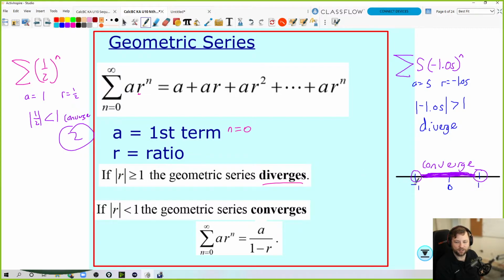Outside of those two, filled in, when it equals that, or over here, we diverge. Maybe you want to think of it like a number line. Between -1 and 1, we converge.